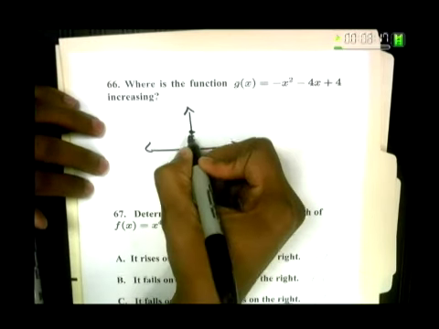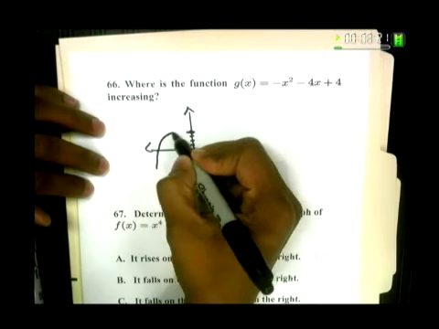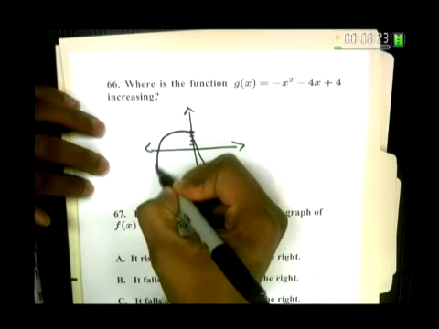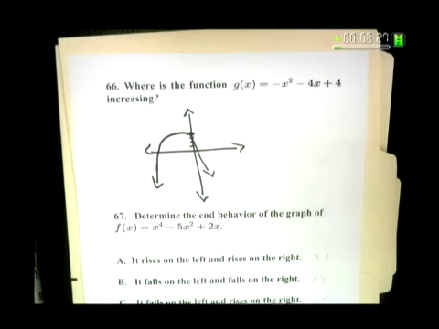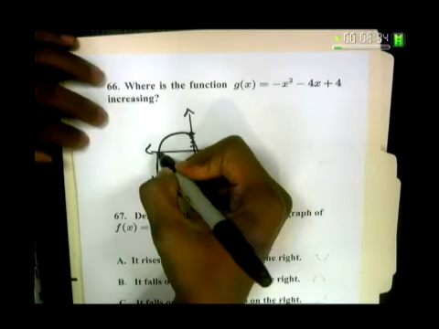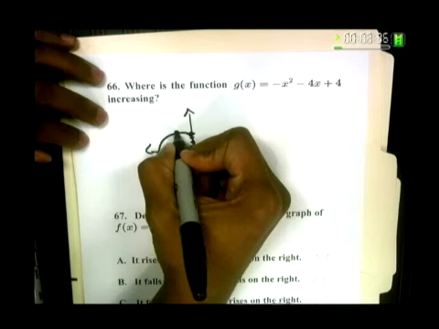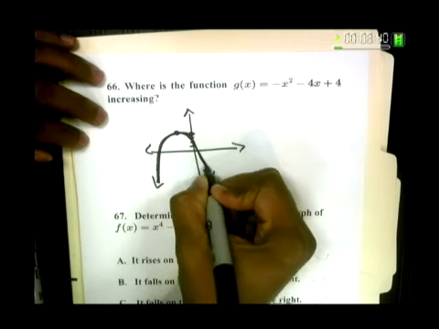I know there's a y-intercept there, and it's a parabola that opens down. It does not look like a good parabola, but you get my point. The turning point for a parabola is the vertex.